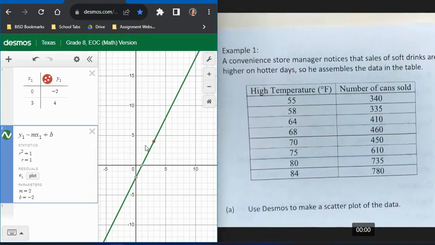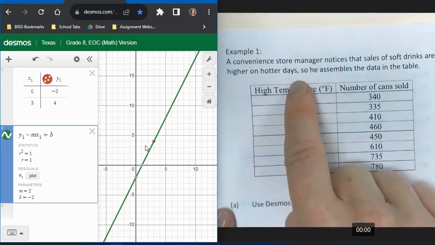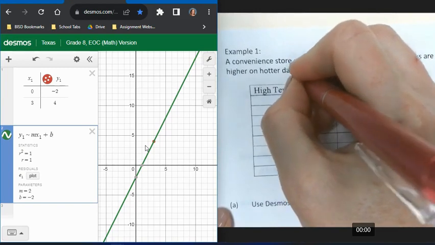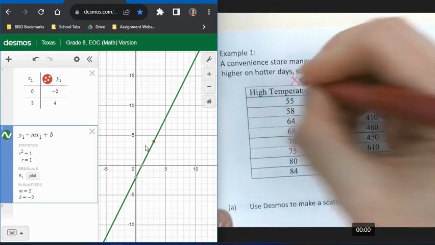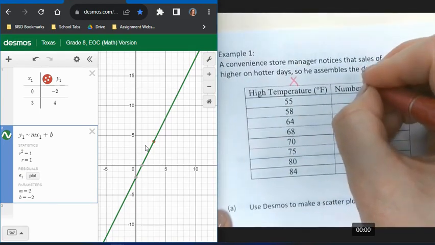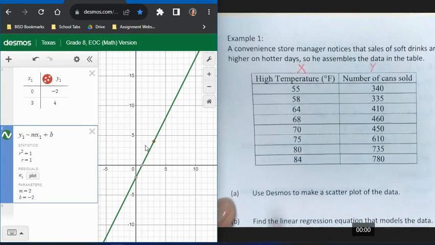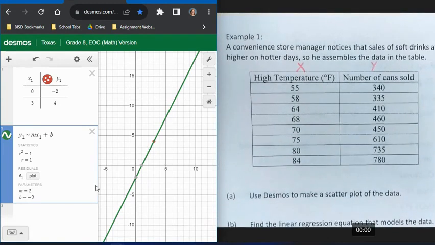Example 1. A convenience store manager knows that sales of soft drinks are higher on hotter days, so he assembles the data in the table. We have high temperature and number of cans. So we're going to call high temperature our X and number of cans our Y. Part A says use Desmos to make a scatter plot of the data.